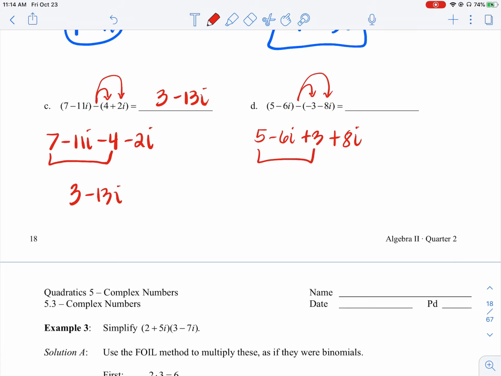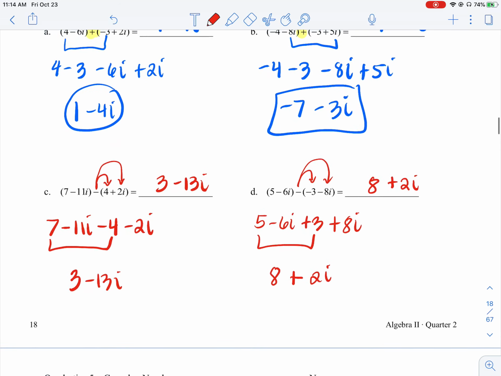I have 5 plus 3, that's 8. I have a negative 6i plus 8i, that is positive 2i. So our answer is 8 plus 2i. Not that bad, right? So we've learned how to add complex numbers and how to subtract complex numbers.